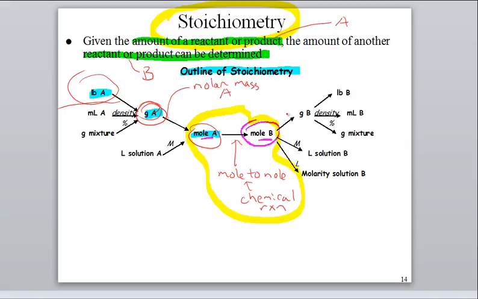Over here, if I was going from moles to grams, just like grams to moles, moles to grams, you would use the molar mass. But the B molecule is a different chemical. So you would use the molar mass of whatever that B molecule is.